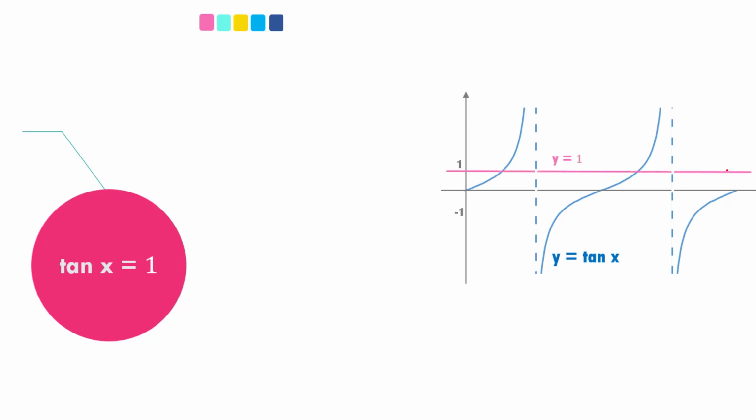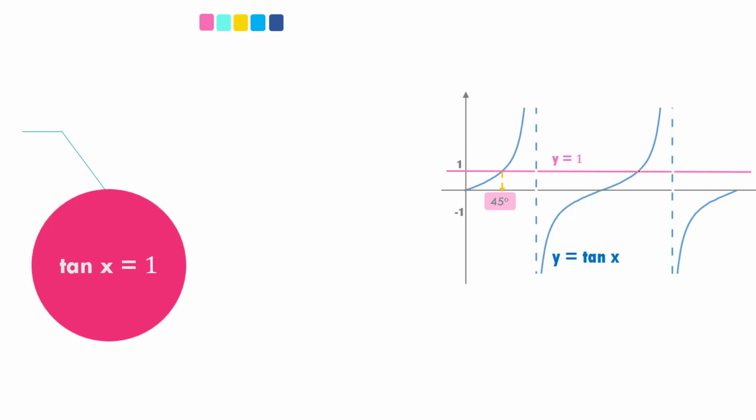Then we can see that we have 2 points of intersection. Tangent is positive in the first quadrant, and we know that tan 45 is 1. Then this is the first solution, x equals 45.